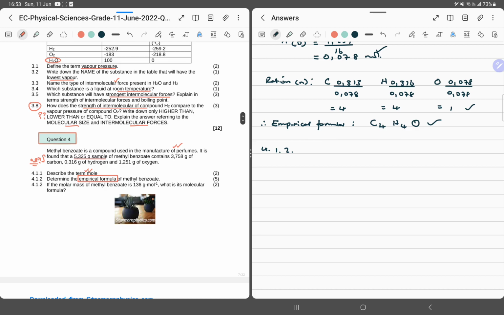Now I told you the molar mass of methyl benzoate is 136 grams per mole. Now what is the molecular formula? So we need the ratio of the actual mass over the estimated mass.